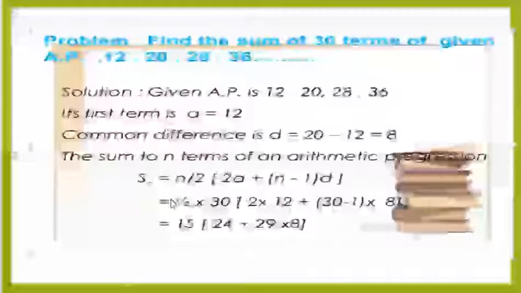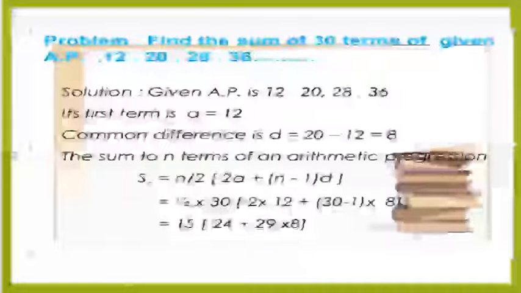After putting in all these values, we get 1 upon 2 into 30 into bracket 2 into 12 plus 30 minus 1 into 8. Now 1 upon 2 into 30 is 15. Then 2 into 12 is 24 plus 30 minus 1 is 29 into 8.